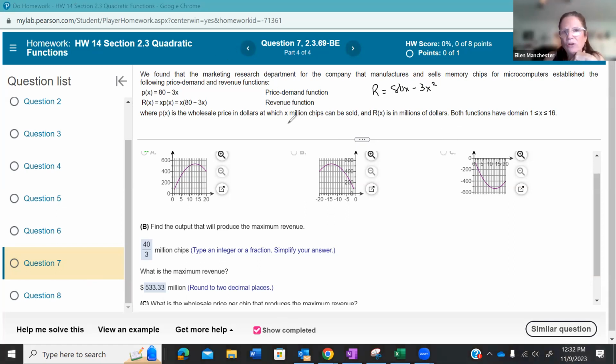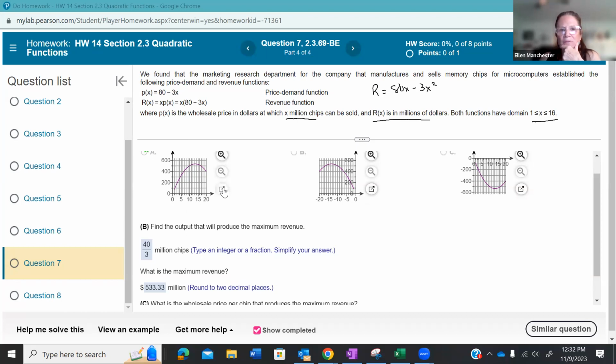Okay. And then again, notice the x represents millions of chips and the revenue represents millions of dollars. And your domain is between 1 and 16. So they're having you look at these graphs. Now, here's a little trick. So you see you have your revenue function, right?